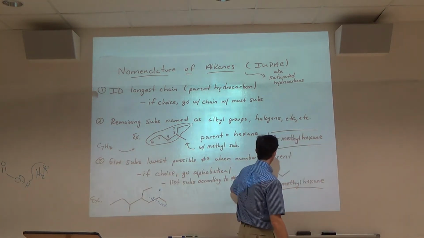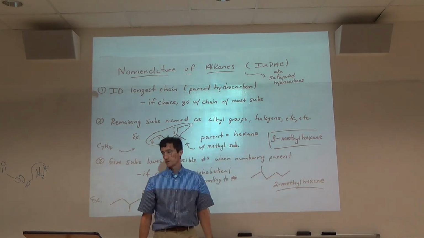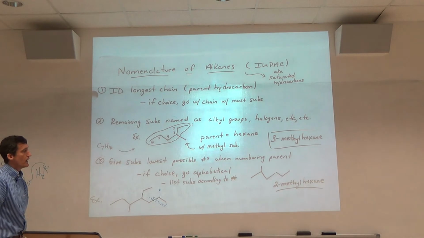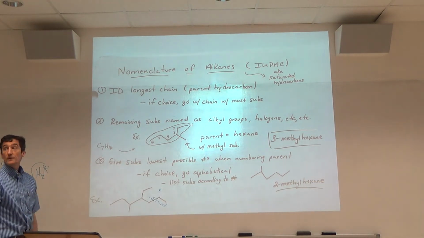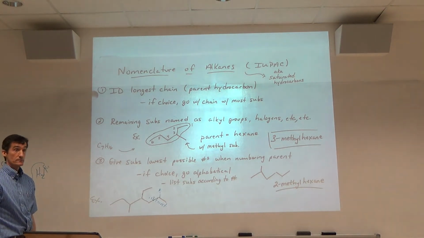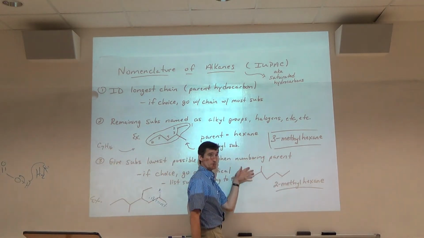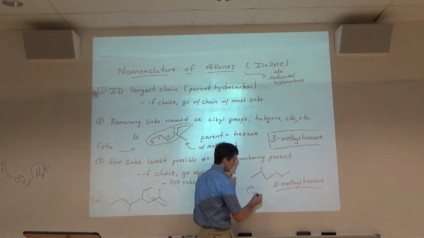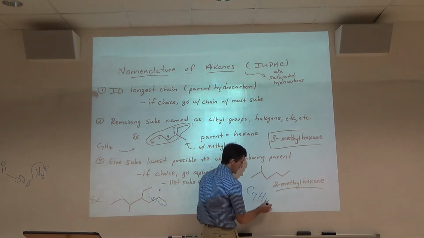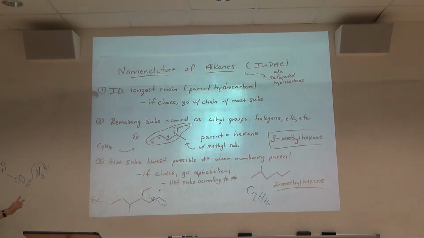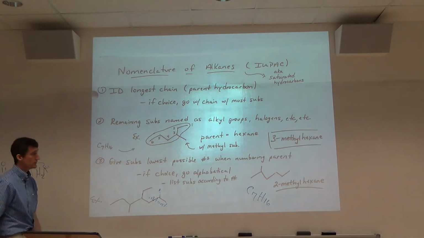What's the relationship between 3-methylhexane and 2-methylhexane? Constitutional. They're isomers, they have the same formula. What's the formula of this compound? Real quick. 6 plus 1 is 7. C7, H16. It's saturated, so it's 2n plus 2. You can show all your 16 H's there if you want.